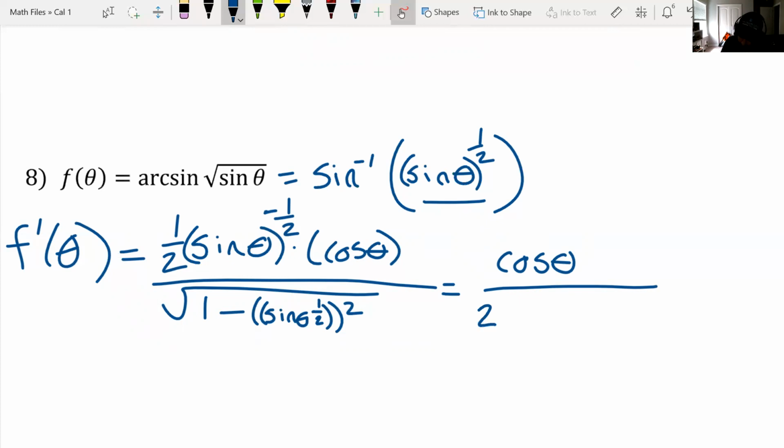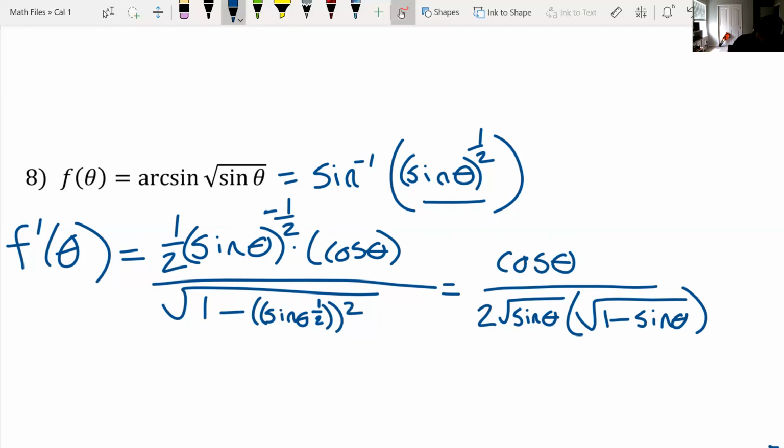So you get 2 square root of sine theta times the square root of 1 minus sine theta.